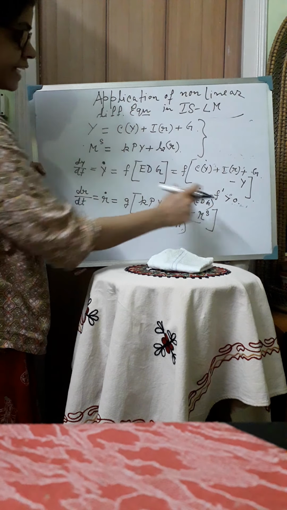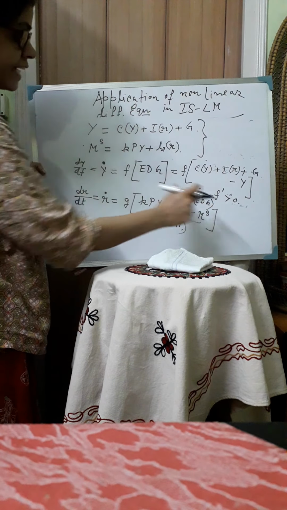Now next we consider the money market equation. So from the money market equilibrium we are getting r dot is equal to g of kpy plus L2 of R minus Ms. Now if there is stability in the money market, then there will be no change in R dot with time.